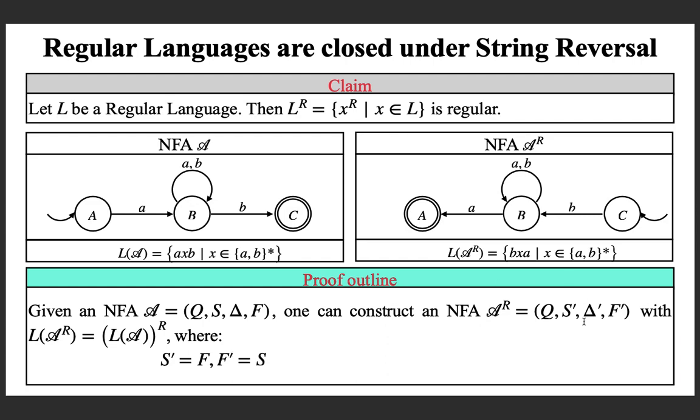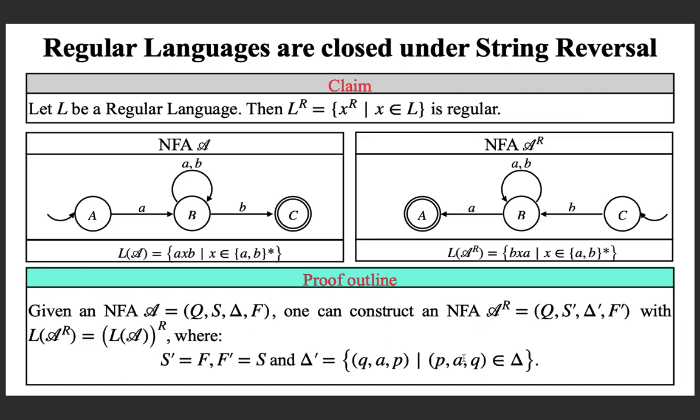And what is delta prime? Reversing the direction of edges. That means delta prime contains a transition from Q to P on a if delta contains a transition from P to Q on a. So, if there is a transition from A to B on small a, then there is going to be a transition from B to A on small a. That is what we said.